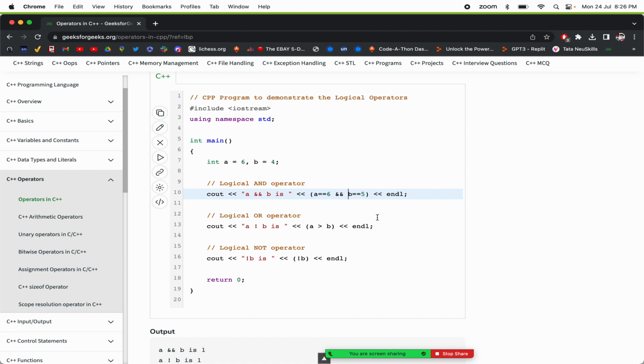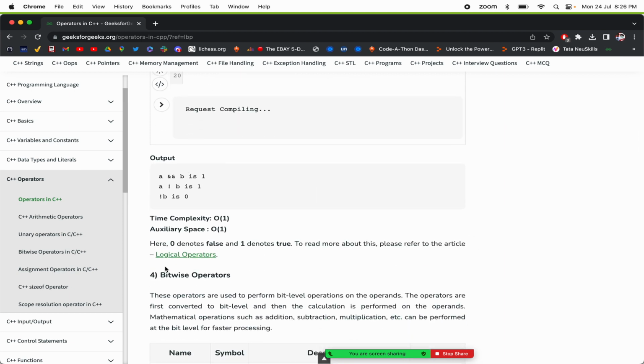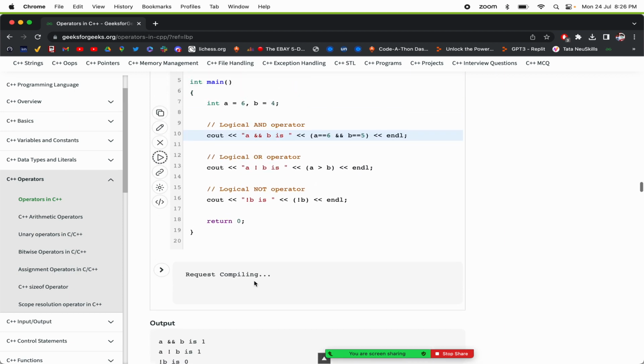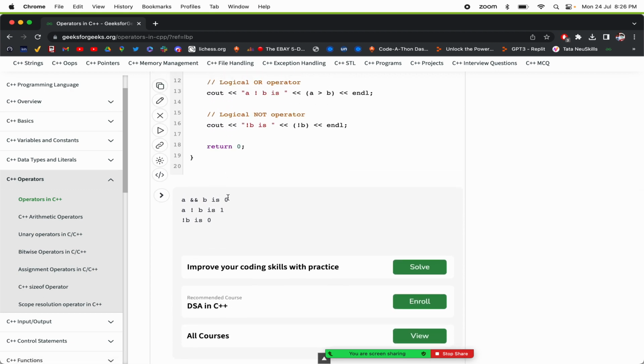When one of the values is false, it will give us false. So both have to be true to get true. If one of them is false, then we'll get false, right? So over here we are going to get false, or 0, in the first one.